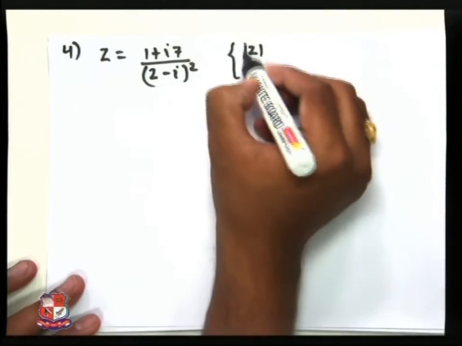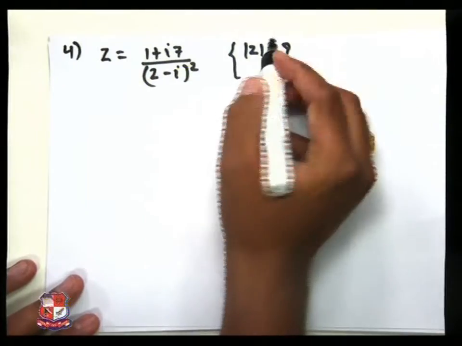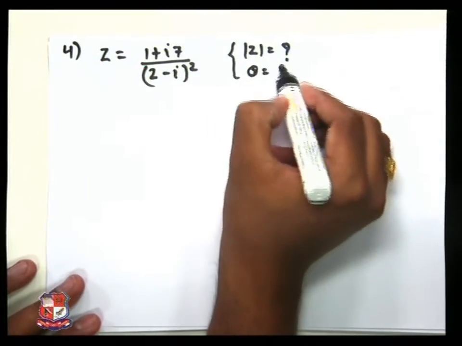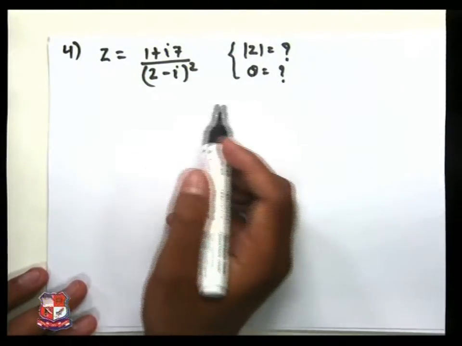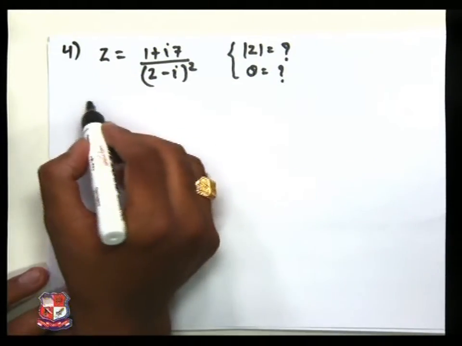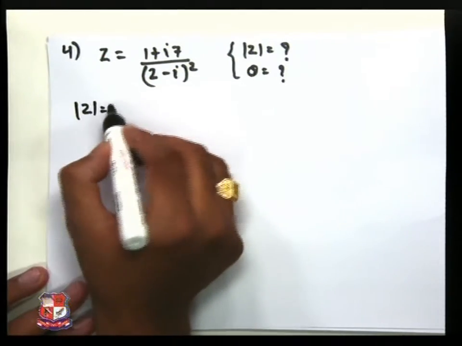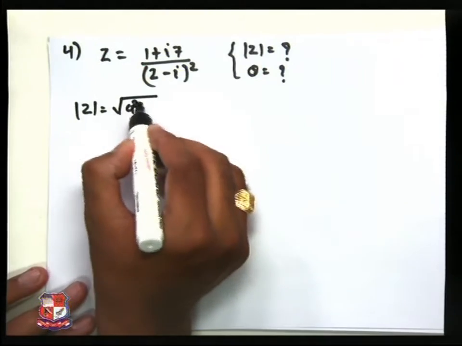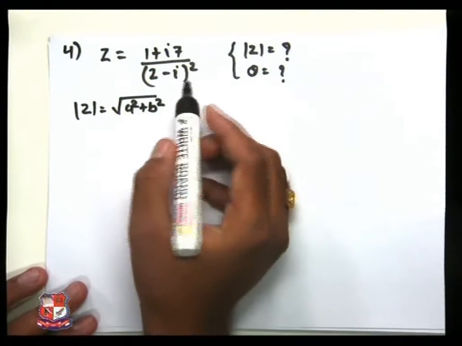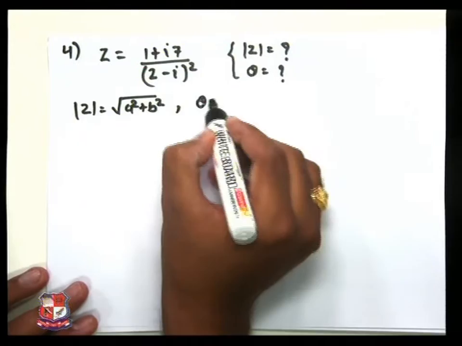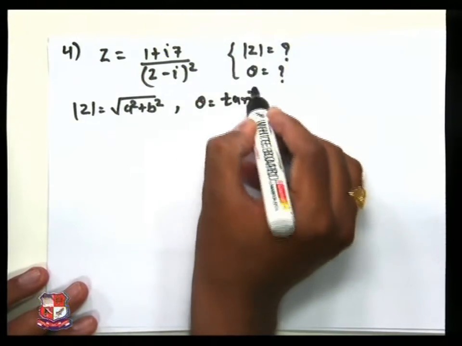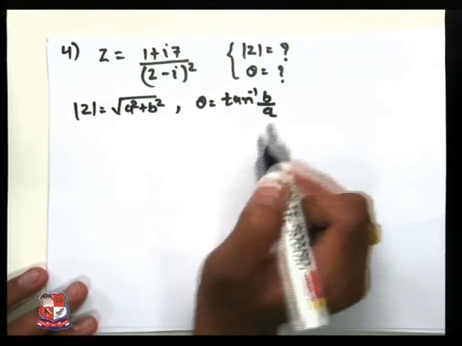First of all, that is mod of z, and second one, that is the angle. Our equation for mod of z is the square root of a square plus b square, and our angle equation is tan inverse b by a.